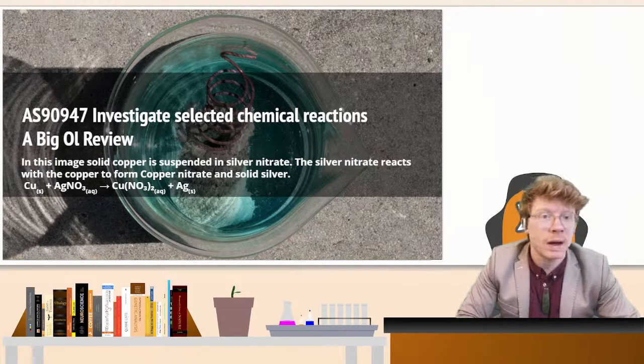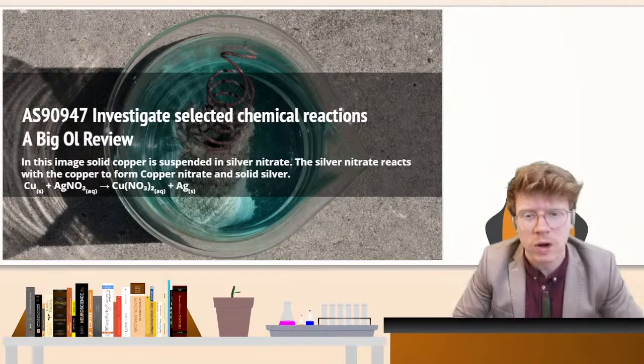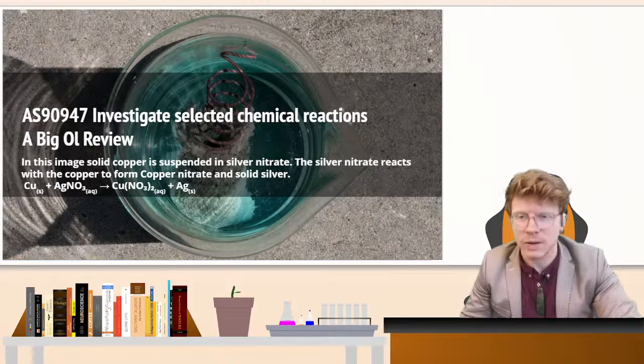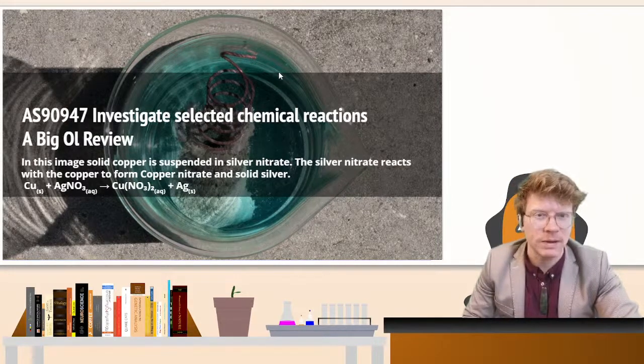And the silver, because it can't stay in solution as an ion, it falls out as a solid. And so it accumulates, and you get these kind of silvery deposits on your copper and on the base of the beaker. That also creates a slight color change because copper nitrate is a slightly different color than silver nitrate. So hopefully that will kind of make sense.